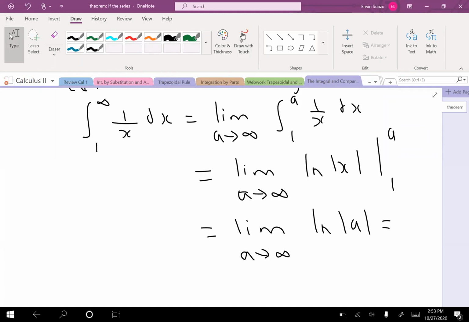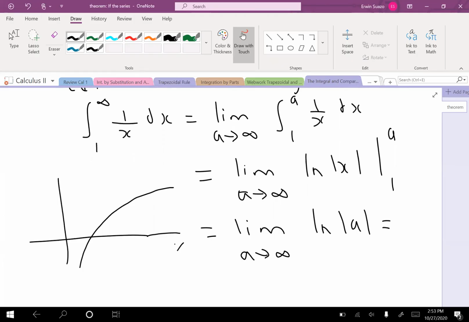Because ln goes this way, when a goes to infinity, where is the function going? Infinity. The function goes to infinity because it's ln of a, and a is increasing. So that's infinity.